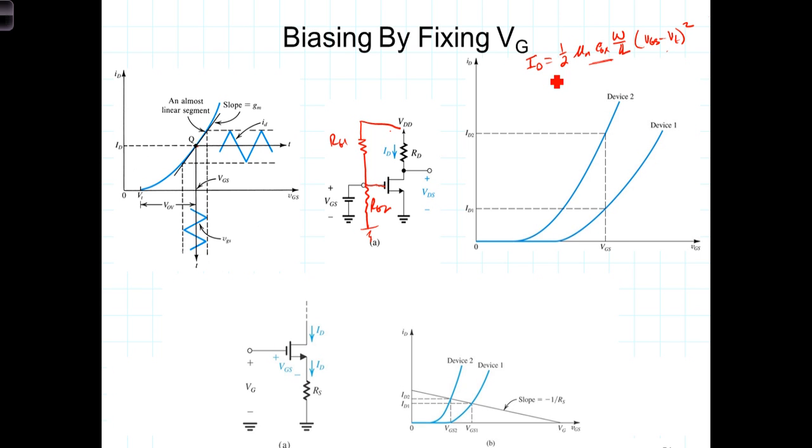If VGS doesn't also vary, we run into a situation that we see here. Two different devices operating perhaps with different manufacturing precision, or even two different devices coming off of the same manufacturing process, there is imprecision in the manufacturing process, and so I sub D will vary.